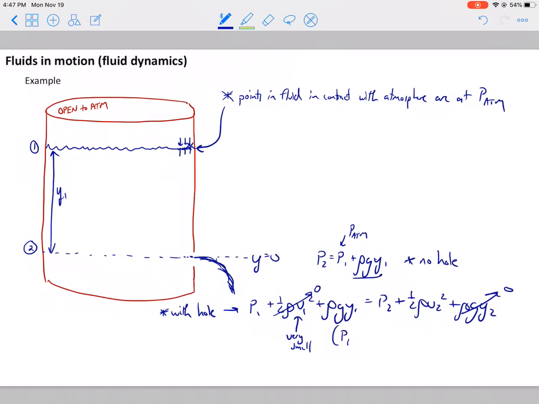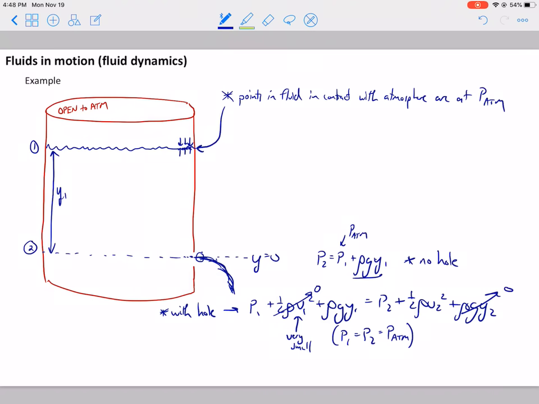Also, P1 and P2 are both in contact with the atmosphere, so they must be equal to atmospheric pressure. Think about what happened. P2 was at a high pressure because of the depth. I've relieved that pressure by popping the hole in the side of the cylinder, which has now dropped the pressure at location 2 to match atmospheric pressure. If that bothers you just a little bit, you could zoom in, like right here, and imagine this tube of water that's coming out.